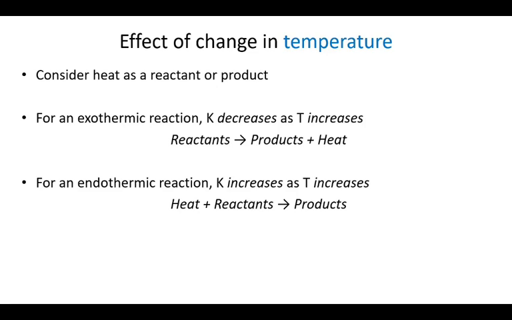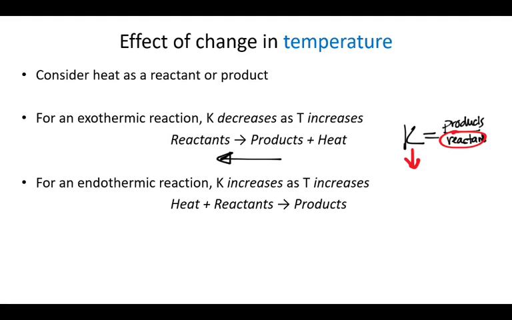So that's like adding more of a product, and that is going to shift the reaction toward reactants, which means, remember that K is products over reactants. And so if we make more reactants, that is going to lead to a smaller K. So K will decrease.